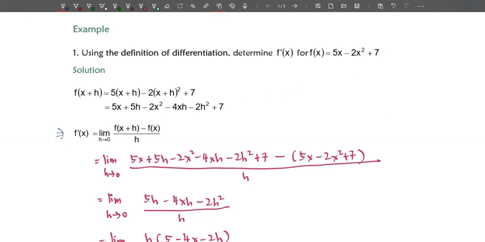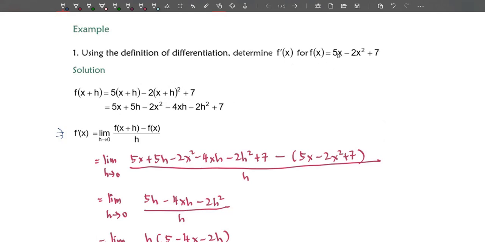So we have to know what is f(x plus h). f(x plus h) is, we substitute x plus h in place of x. So 5 in bracket x plus h. Remember, all x plus h should first be written in bracket, minus 2 times (x plus h) squared, plus 7, and then expand.